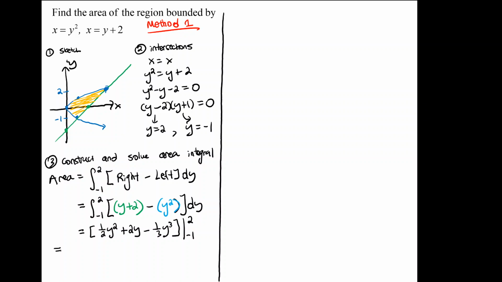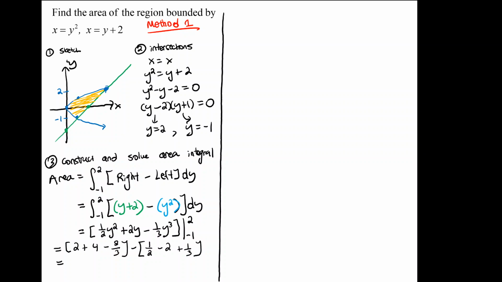Plugging in the top bound, we get 4/2, so 2 plus 4, minus 8/3, minus the bottom bound, we get 1/2 minus 2 plus 1/3.